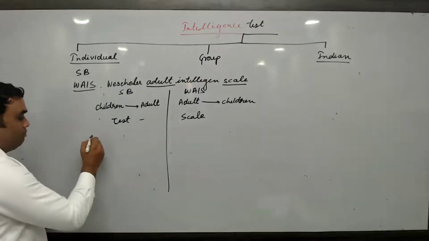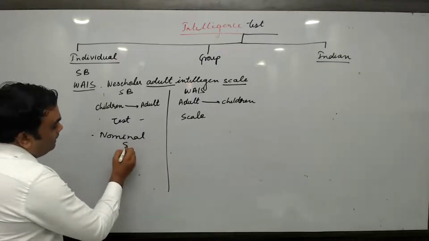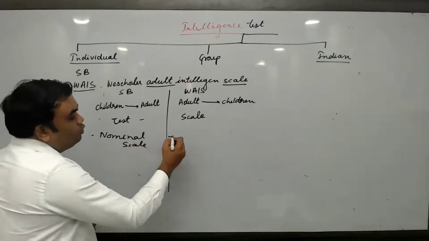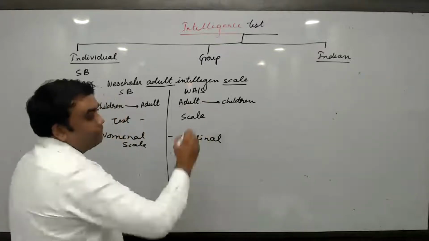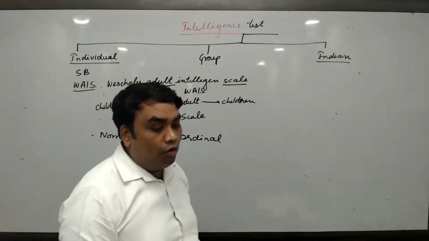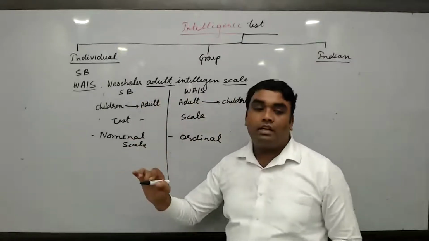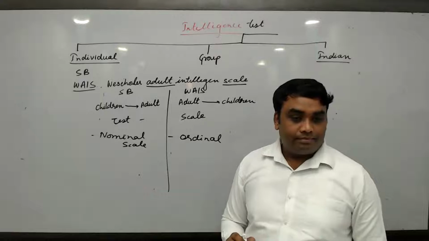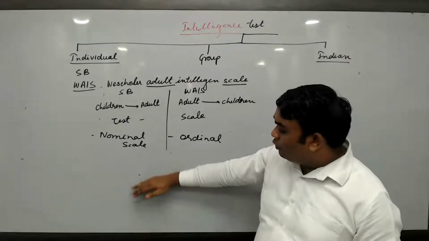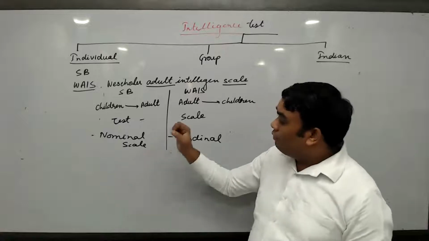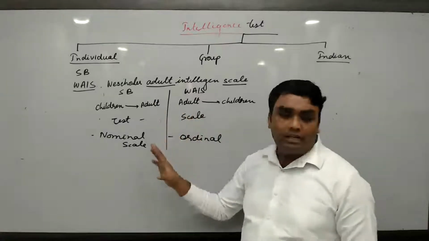Like this is based on a nominal scale, and here we use an ordinal scale. This is another difference. If you can distinguish between SB and Wechsler by these three points, this is sufficient.